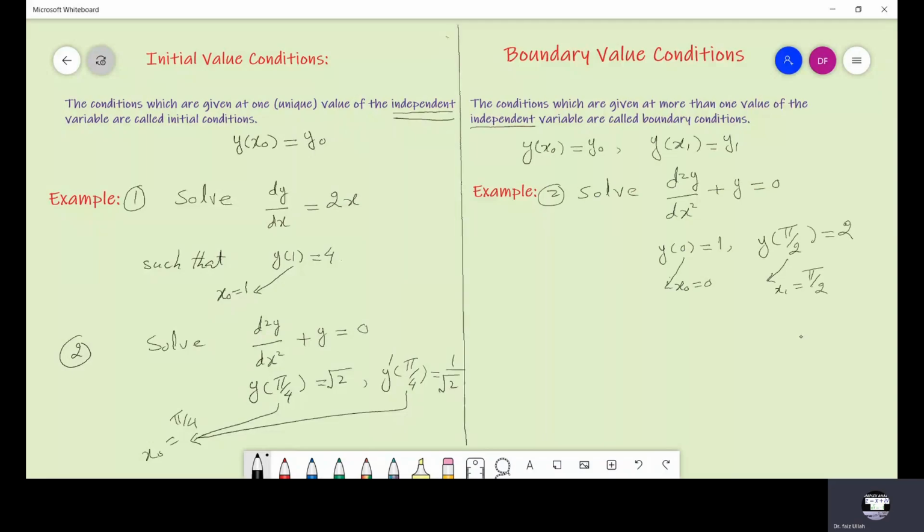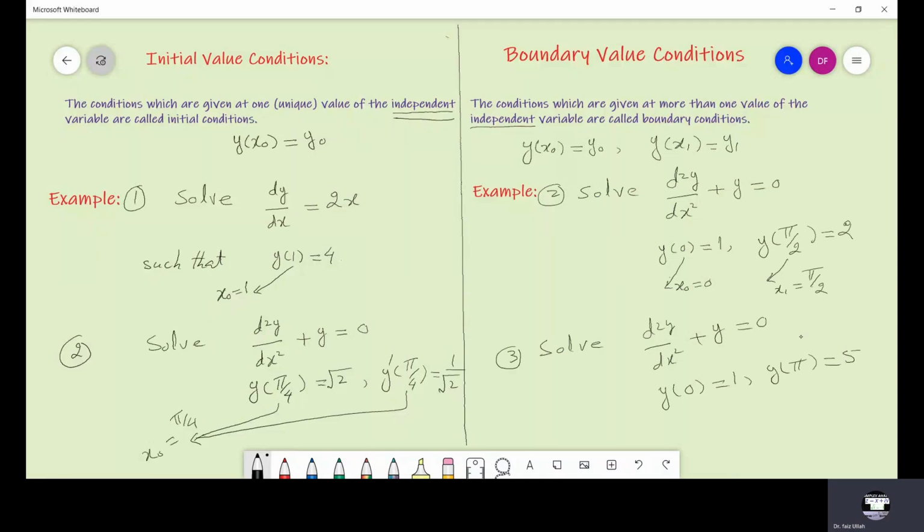Let us see another example. In this example, we have solve d square y over dx square plus y is equal to 0, subject to the initial condition or boundary condition, which we will see which type of conditions are given, y of 0 is equal to 1 and y of pi is equal to 5.